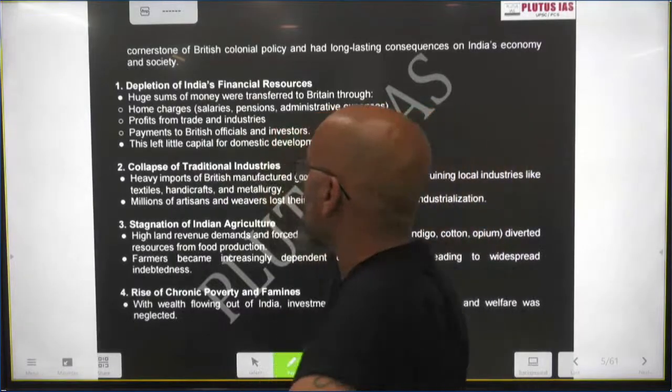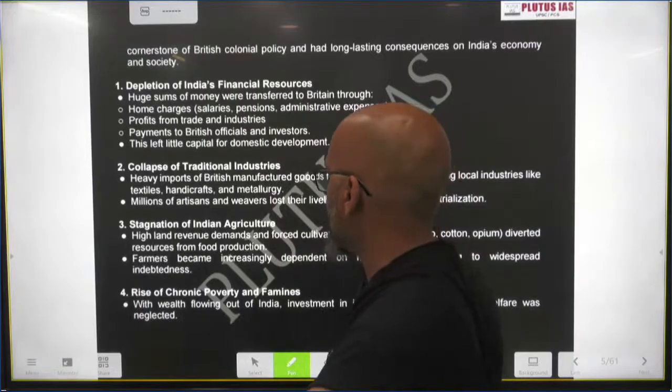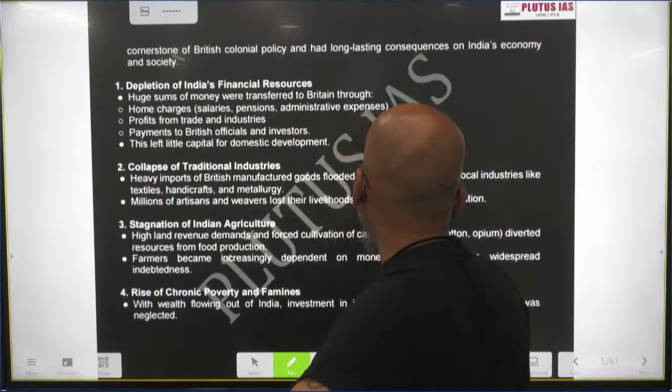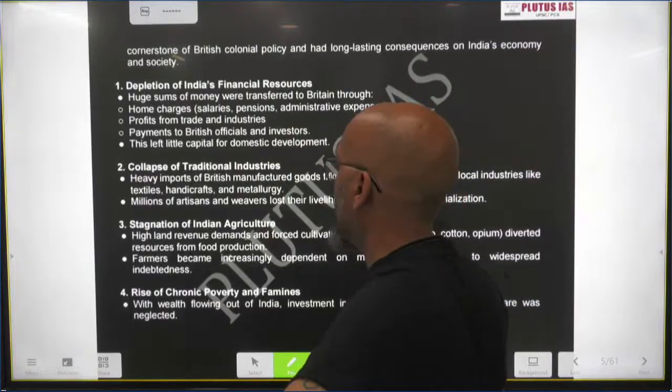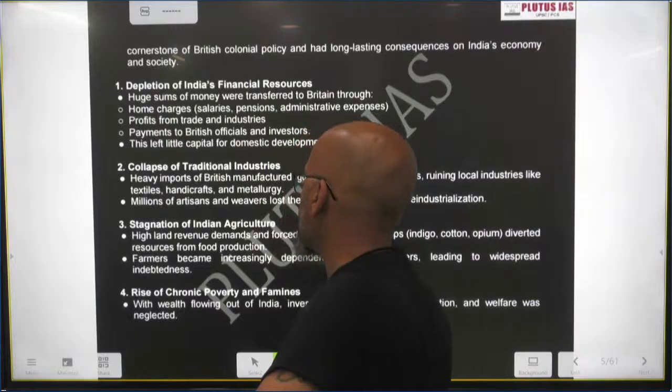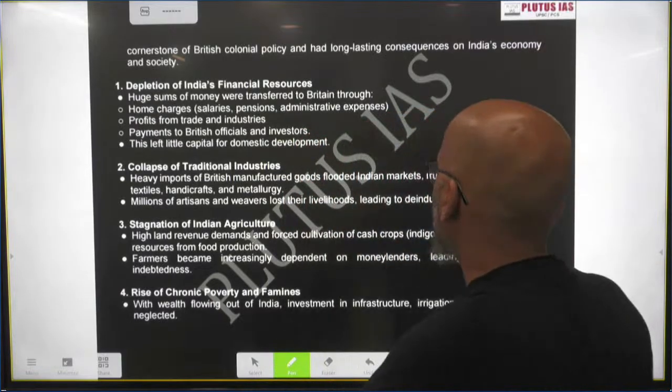Next is collapse of traditional industries. Heavy imports of British manufactured goods flooded Indian market, ruining local industries like textile, handicrafts, and metallurgy. Millions of artisans and weavers lost their livelihood, leading to deindustrialization.